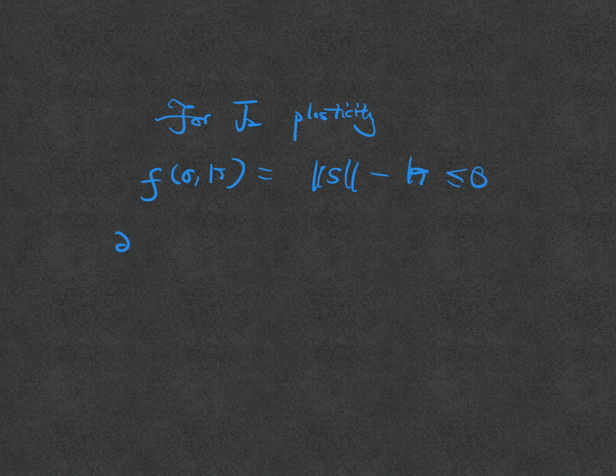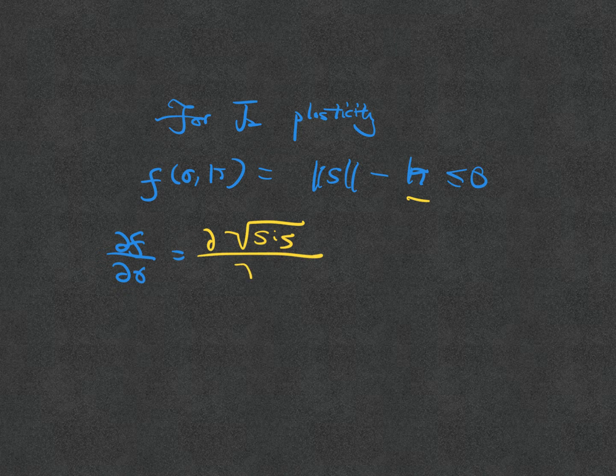Okay, so now I'm taking the stress gradient. Because k here is a constant, if I take a derivative of a constant, it leads to 0. So the only term that is related is S double dot S, which is just the definition of the norm.